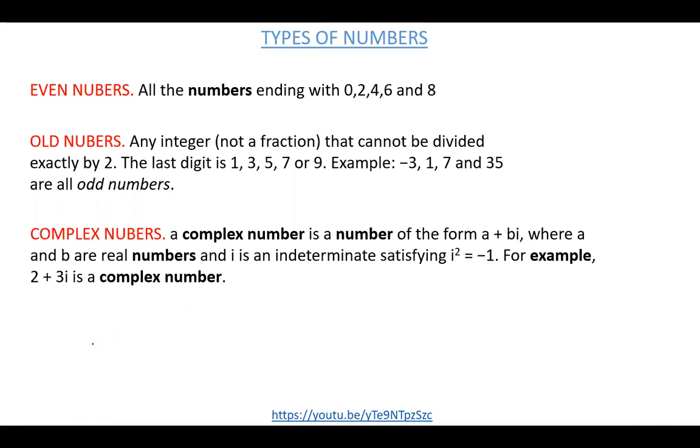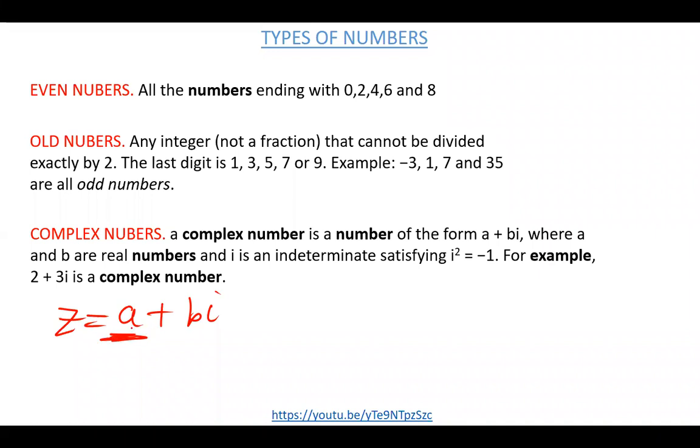When we talk about a complex number, we're talking about numbers with this type of format. Let me write the format of a complex number. The format of a complex number is a + bi, and they are usually denoted by Z.